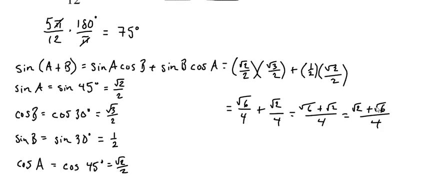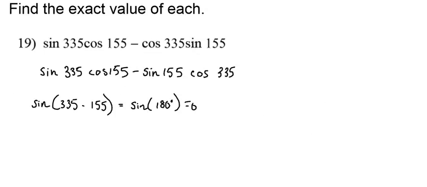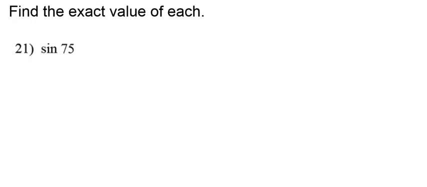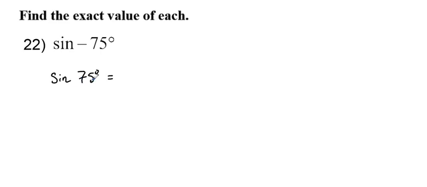We found that the sine of 75 was radical 6 over 4 plus radical 2 over 4. So let's go back and write that in. So the sine of 75 is radical 6 over 4 plus radical 2 over 4, or we can always write this as radical 6 plus radical 2 over 4.